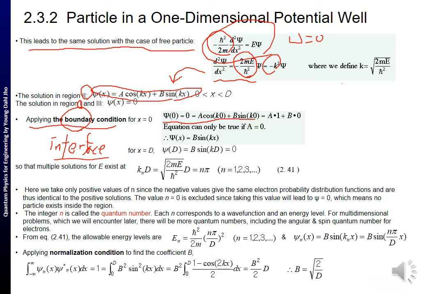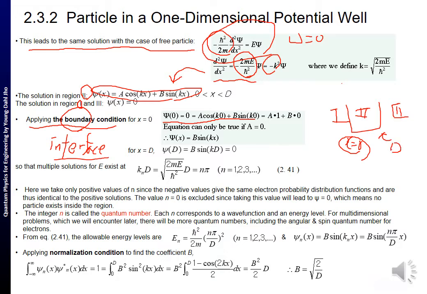For example, region 1 and region 2 have the boundary at x equals 0, and region 2 and region 3 have the boundary at x equals d.